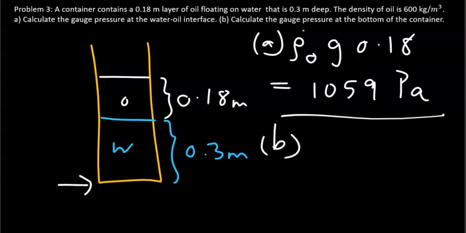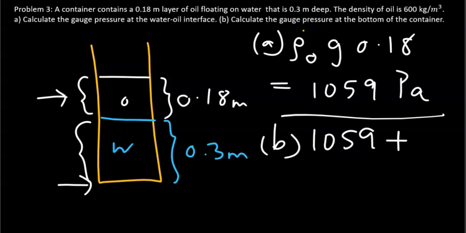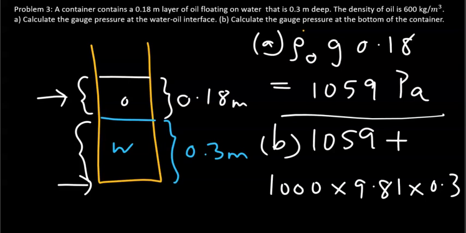Gauge pressure here is the pressure due to this column plus the pressure due to that column. The pressure due to this column has been calculated, 1059. Now the pressure due to the water column is the density of water, which is 1,000, 9.81 is G, and the length of the column is 0.3. And that's going to give you 4,002 pascals. And that solves the problem.